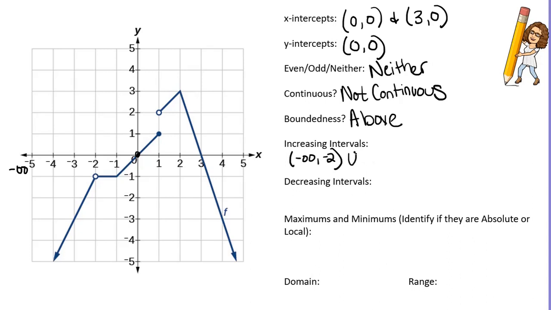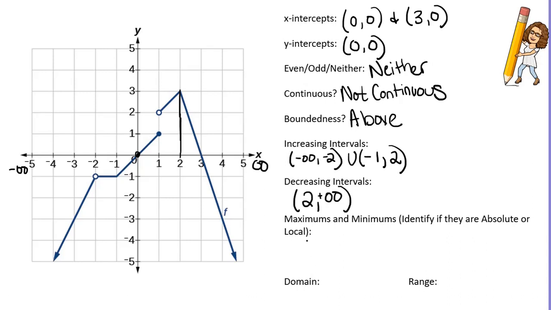So technically, I would say I'm increasing from -1 to 2, right? Because technically, I still am increasing on 1 and 2. So I would say I am increasing from -1 to 2. My decreasing interval, well, I start decreasing at 2, and I decrease forever in the positive x direction. So I would say I am decreasing to +infinity.